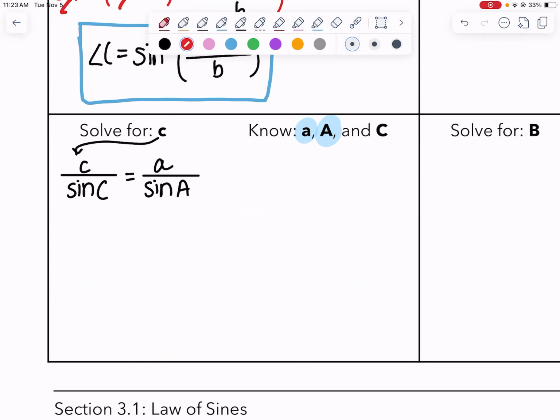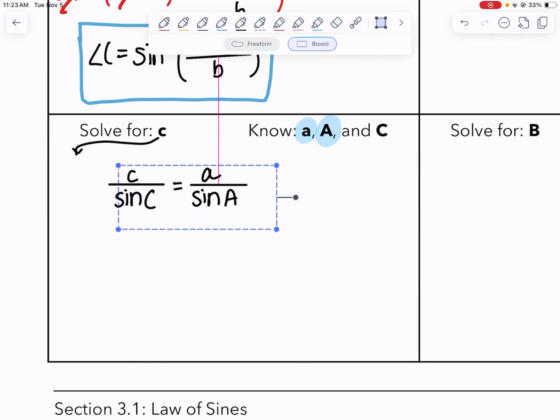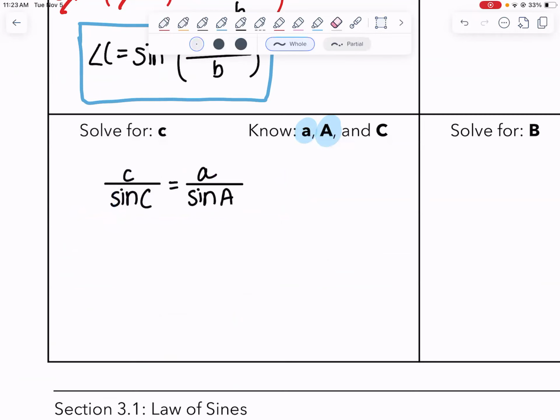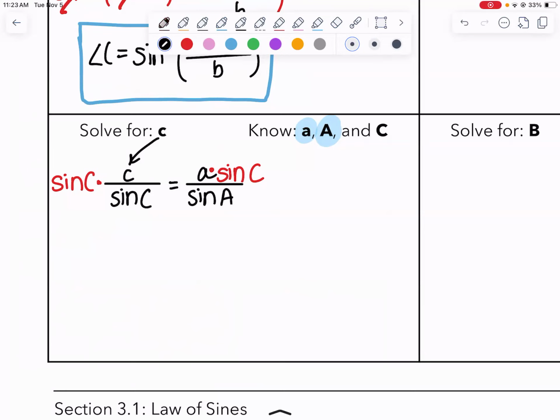In order to get baby C by itself, I should start moving these over, multiplying both sides by sine of angle C. Boom, boom.